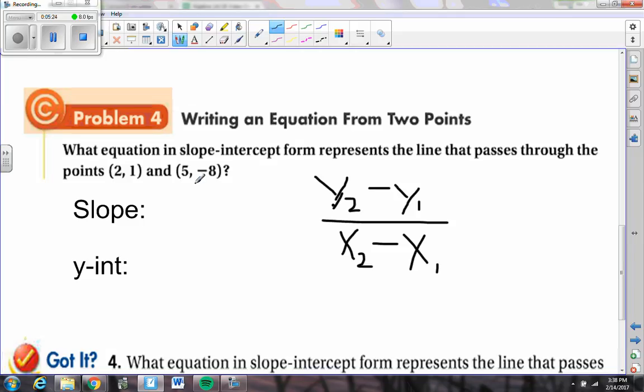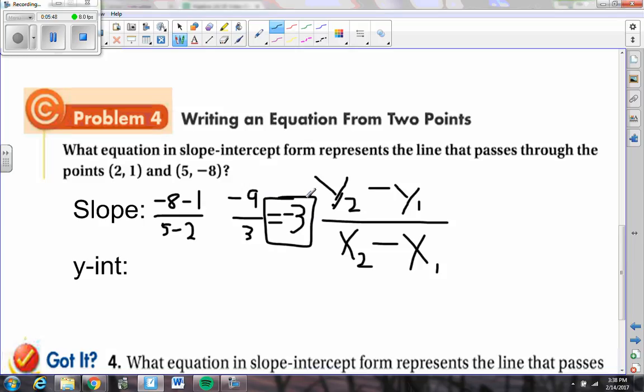In this case, our two y coordinates are -8 and a 1. So it's -8, take away 1, which is a -9. The bottom is 5, take away 2, that's a 3. So my slope ends up being -9 divided by 3, which is -3. So my slope here is -3.